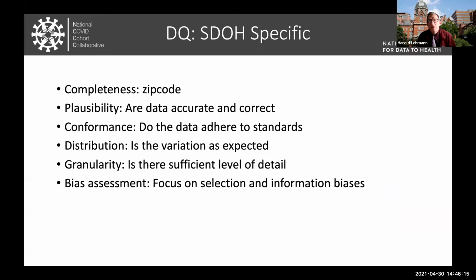From a SDOH perspective, data quality, if you're looking for the harmonized dimensions of completeness, et cetera, obviously missing zip code information makes it hard to bring that site's data in for evaluation, and then plausibility and so forth.